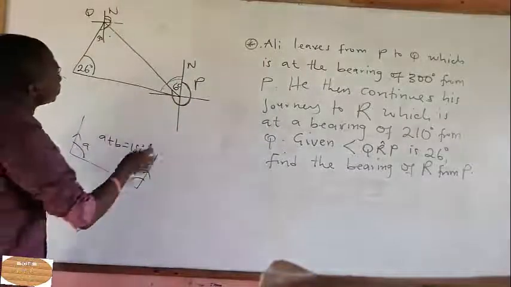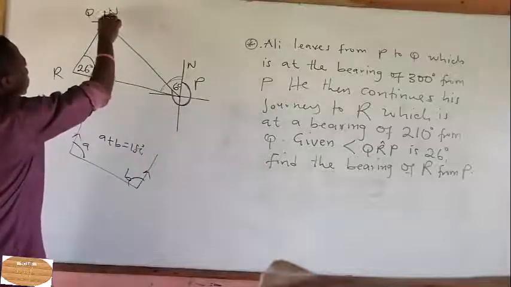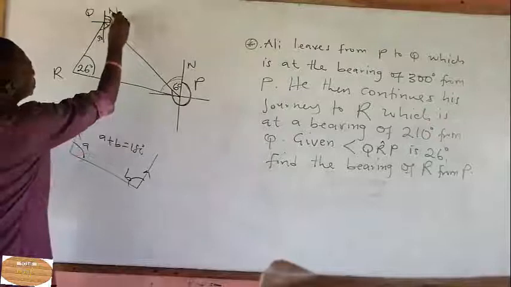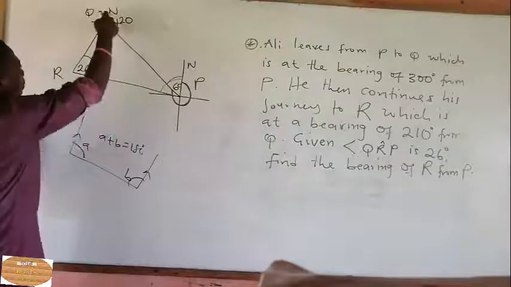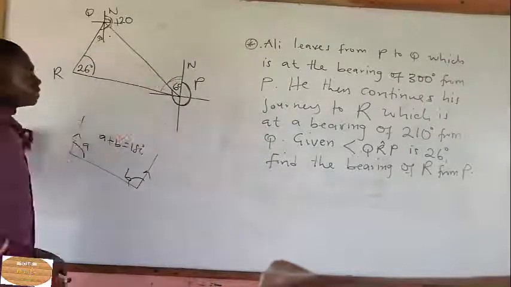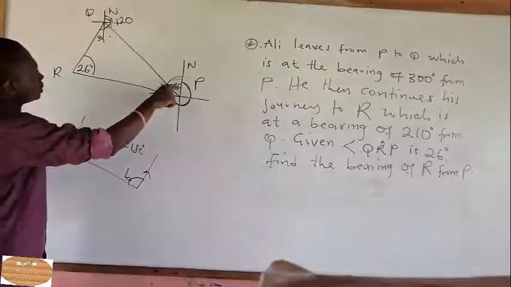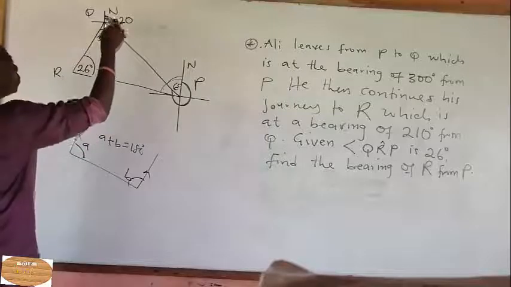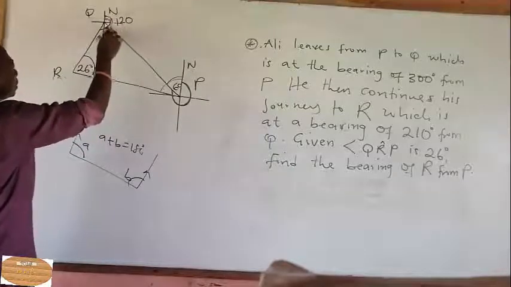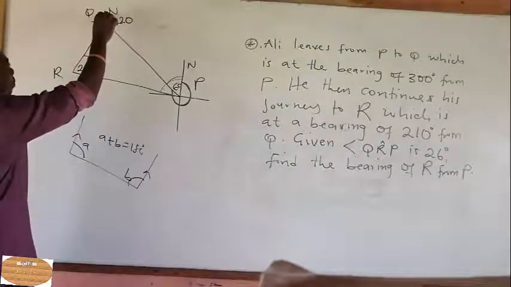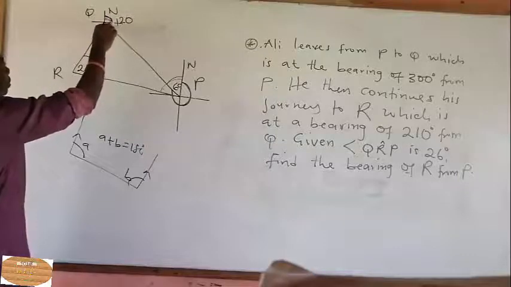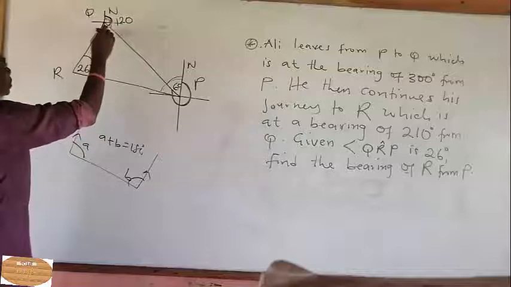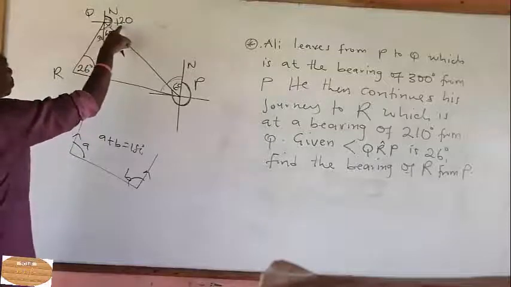And 60 plus this side will give you 180, so this side will be 120, because 60 plus 120 is 180. Now from this side up to this side is 180, and from this side to this side is 120, so this side will be 60, because 60 plus 120 gives 180.